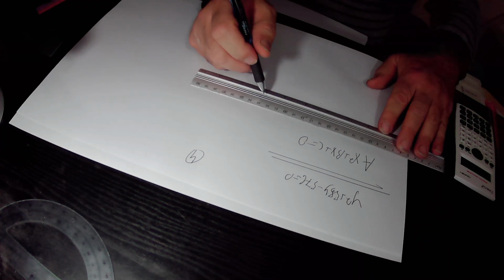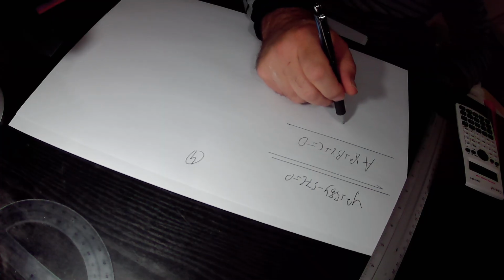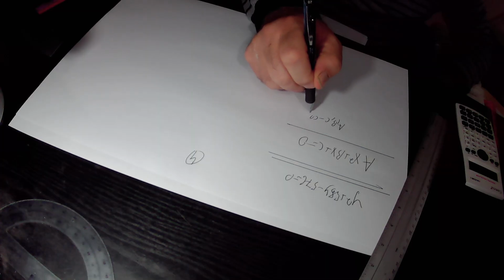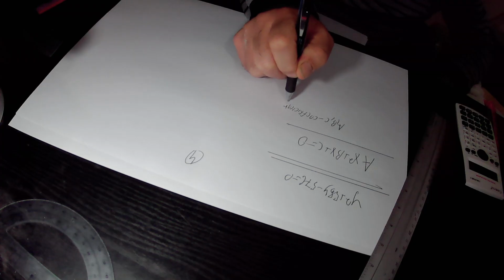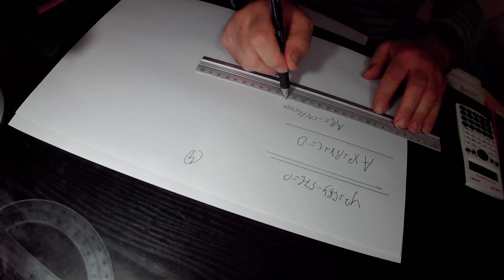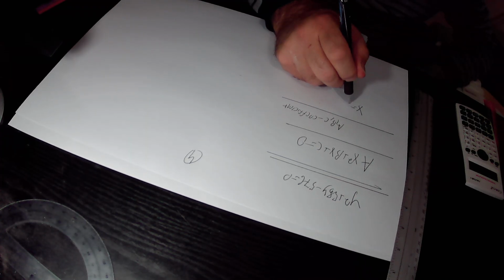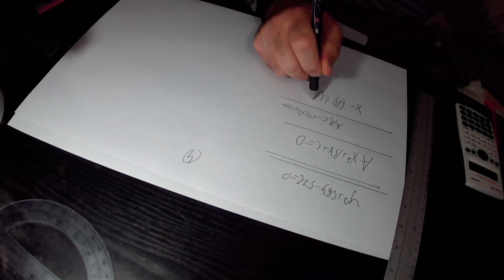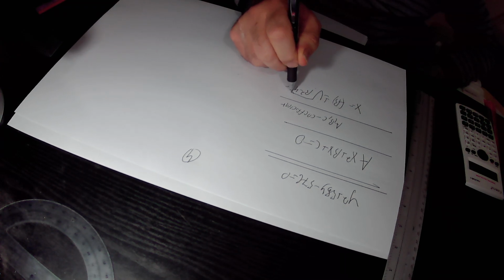In this general formula for a quadratic equation, a, b, and c are the coefficients, and x is the variable that we are looking for. We find the value of x according to the following formula: x equals minus b plus minus square root of b squared minus 4ac, over 2a.